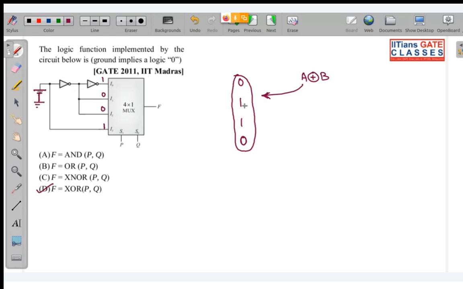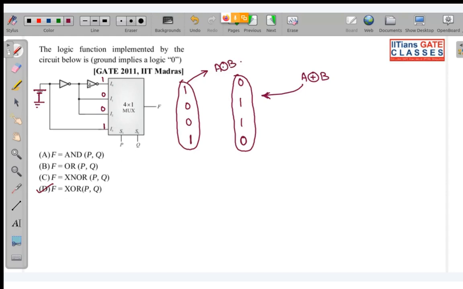So this corresponds to 1 0 0 1 input to this mux. This corresponds to A XNOR B, so at that time you would have got P XNOR Q.